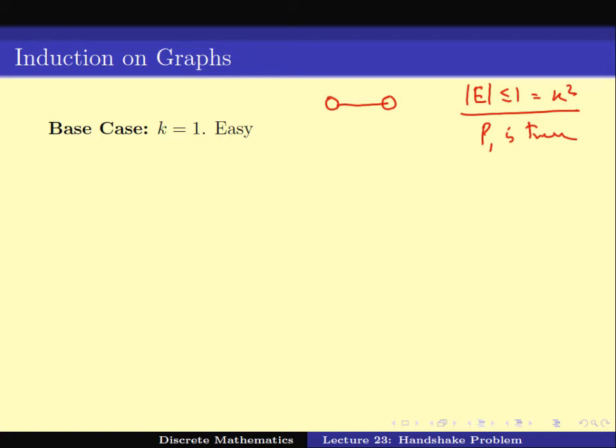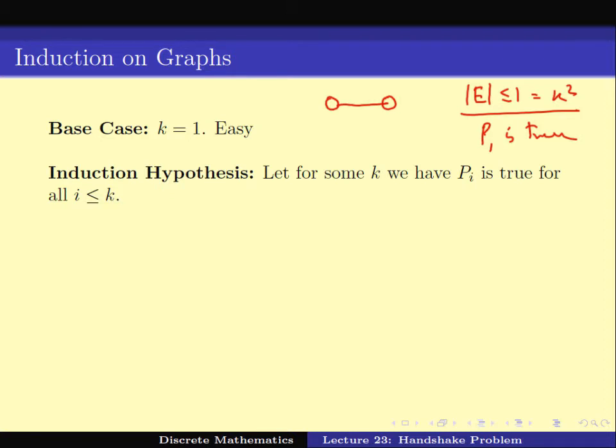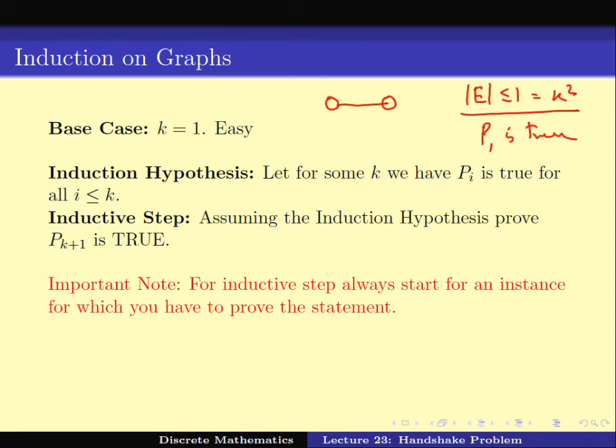Now the induction hypothesis, of course, is that P1 to Pk is true. And using this, I want to prove that Pk plus 1 is true. So this is a very important note here. Whenever you have to prove induction, you should always start with an instance of Pk plus 1, what you want to prove.